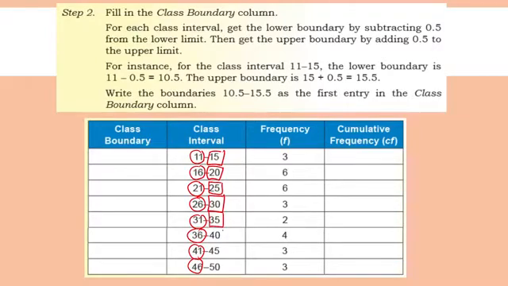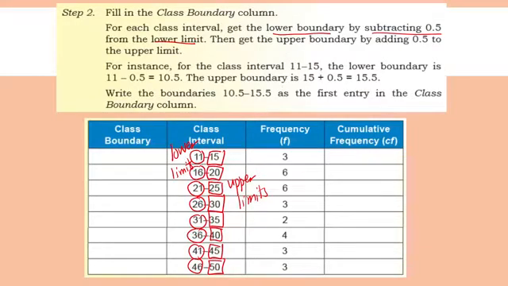So take note, the numbers I have encircled are what you call your lower limits. The numbers I have enclosed inside a rectangle are the upper limits. So take note, the lower boundary is simply subtracting 0.5 from the lower limit.